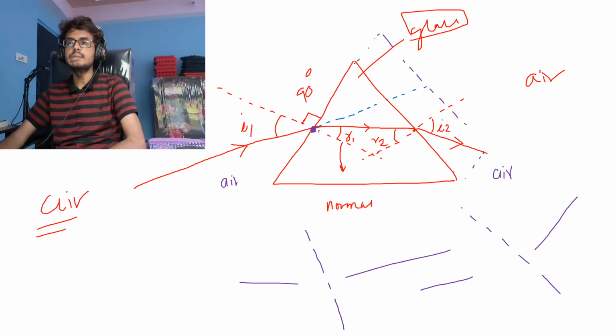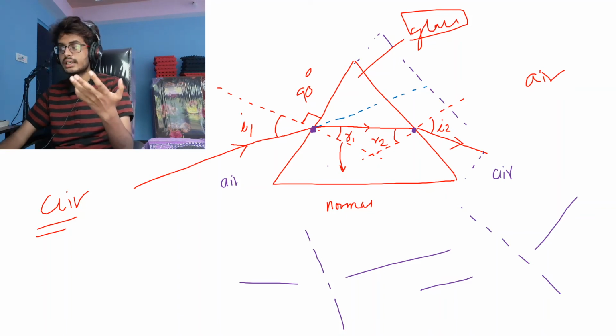One refraction happens at this point, and the second refraction happens at this point. So there are two different surfaces and two different normals. You can't have two surfaces with a common normal.